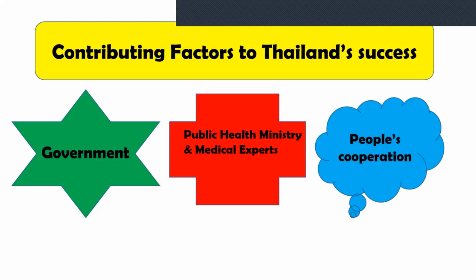For Thailand, in my opinion, there are many contributing factors that made Thailand successful in the control measures. The first thing I think about is the government. The second is the public health ministry and medical experts. And the third is the collaboration of the people.